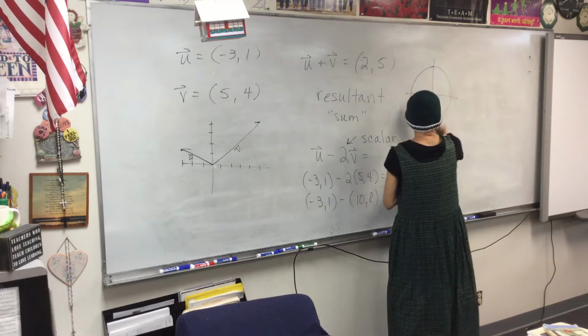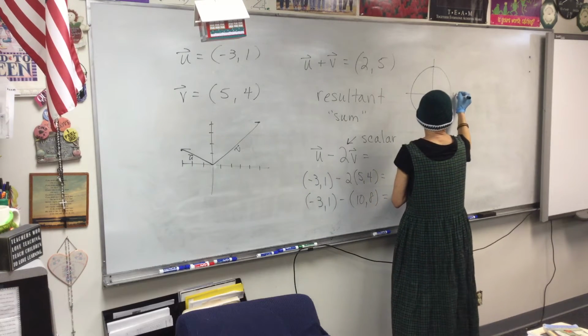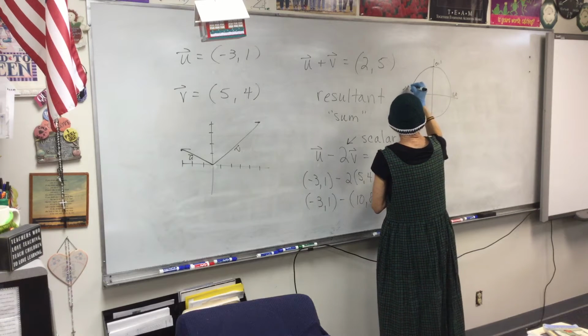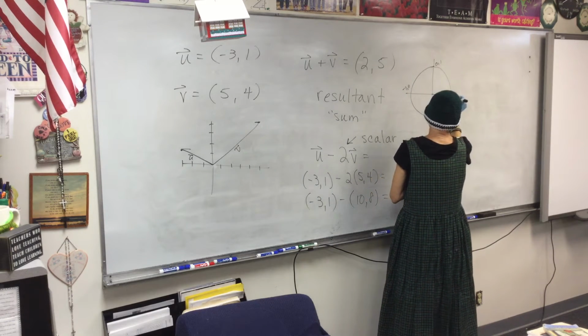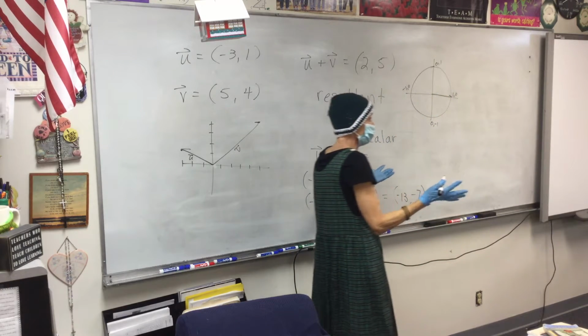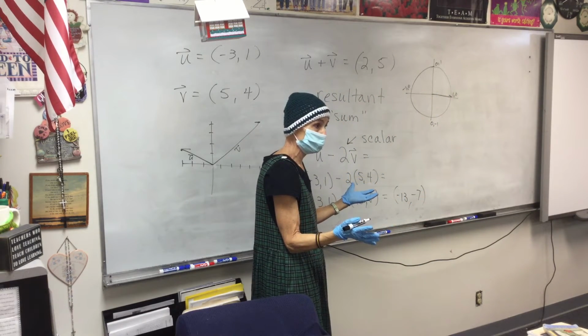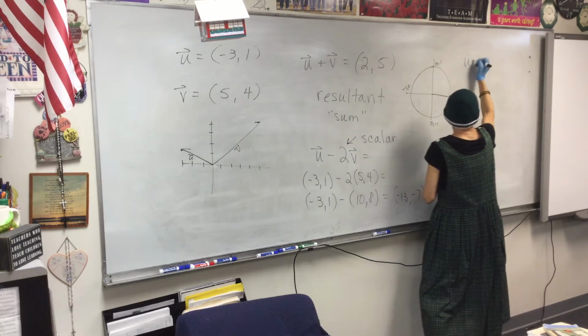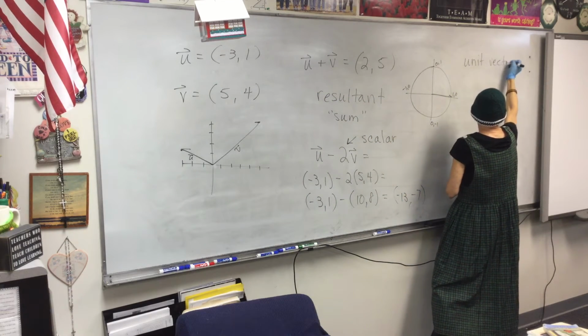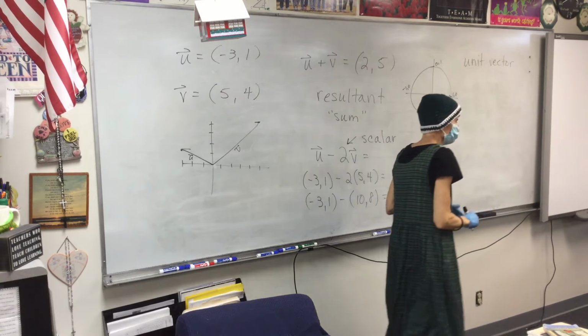Talk about your handy dandy unit circle. Oh yeah, you don't go anywhere without your unit circle. This is a vector, and how long is it? 1. That's called a unit vector. A unit vector has a magnitude of 1.